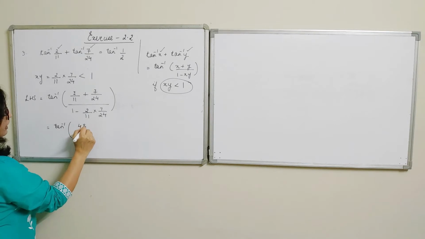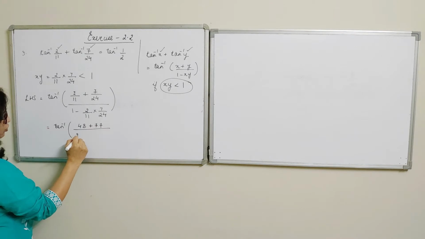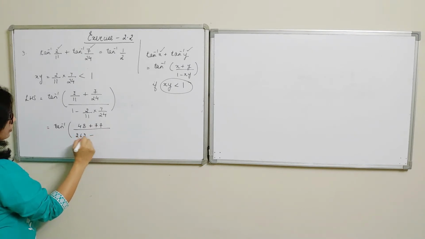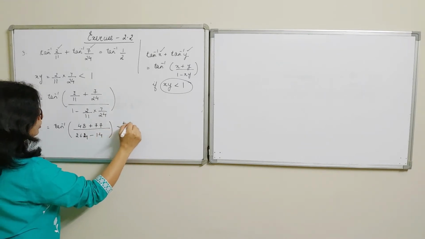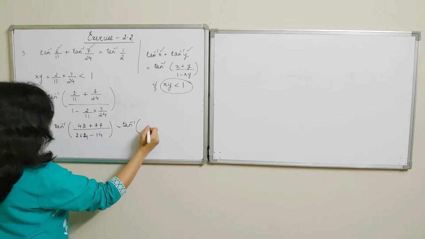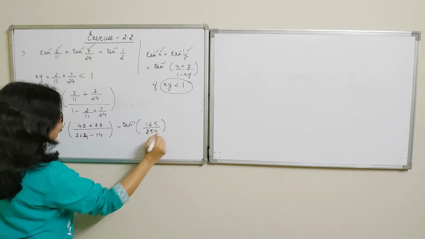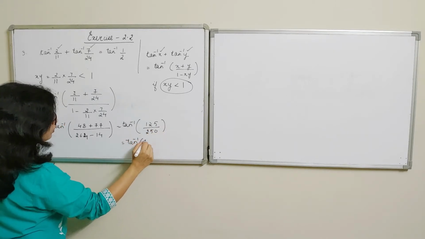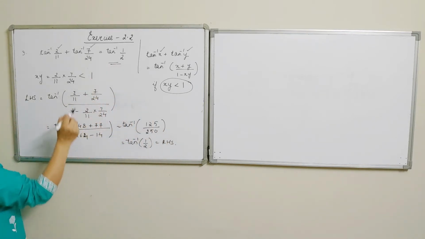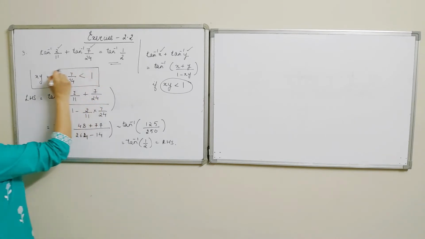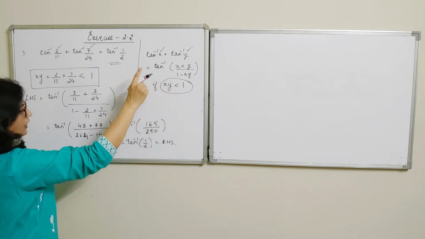So in the numerator we have 48 plus 77, and in the denominator we get 262 minus 14, and this is equal to tan inverse 125 upon 250, which turns out to be tan inverse half, which is equal to the right hand side. So you have to remember to always check this condition. If this condition is not satisfied, this identity cannot be used.